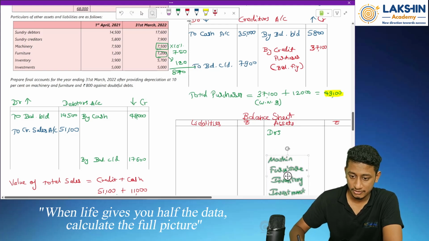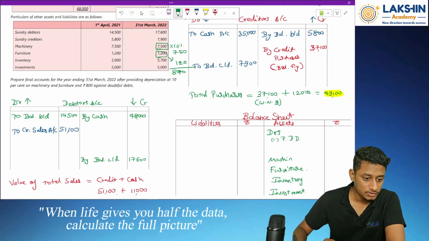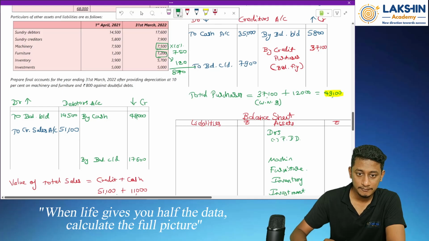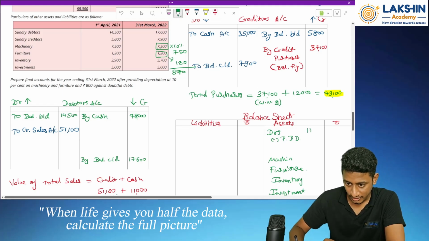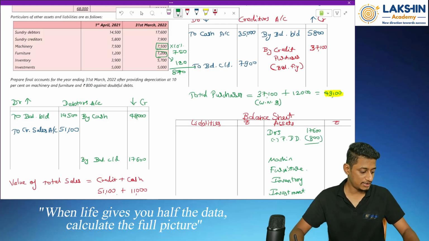From debtors we need to deduct what? Yes, PDD, right? So debtors value is how much? Closing value of debtors 17,600. 17,600 minus what? 800. So 17,600 minus 800 is the PDD.